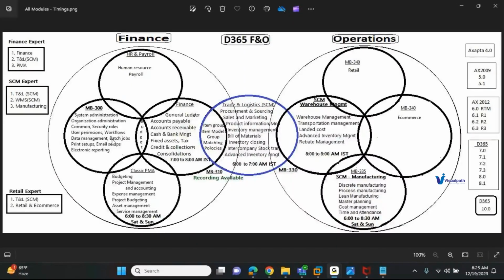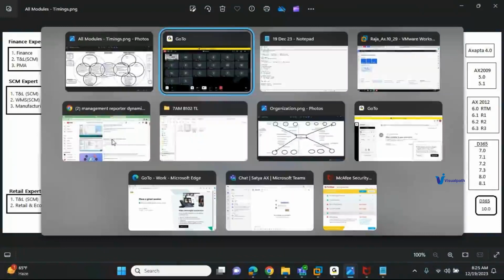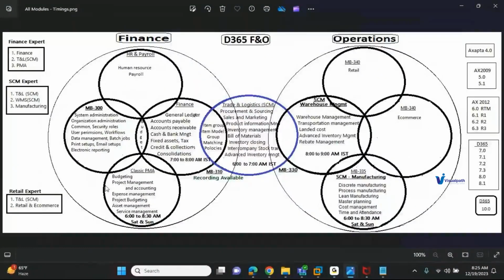Thank you. Sir, for MB300, batch jobs and data management, will you give a brief about that? Data management is very important for import and export. I can explain one sample of data export, but I'm not teaching the entire thing. Suppose workflow: I'll give you one sample workflow, how to do it and how to use it.